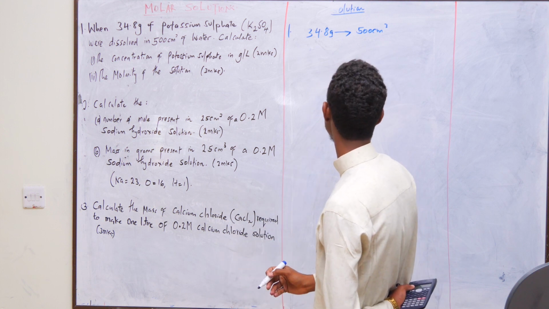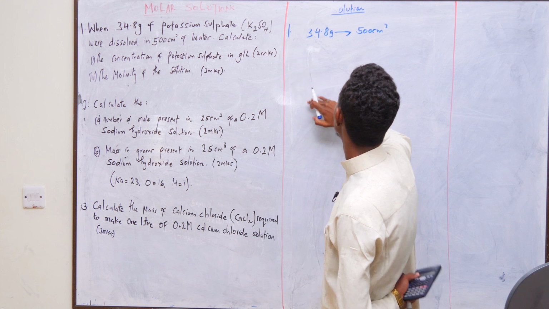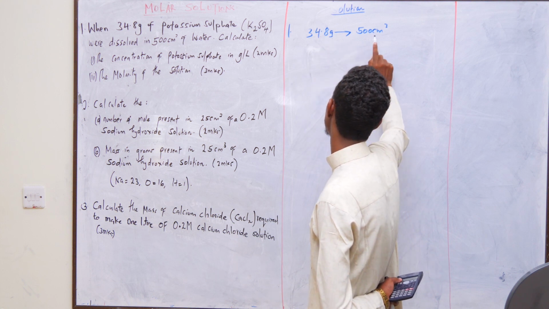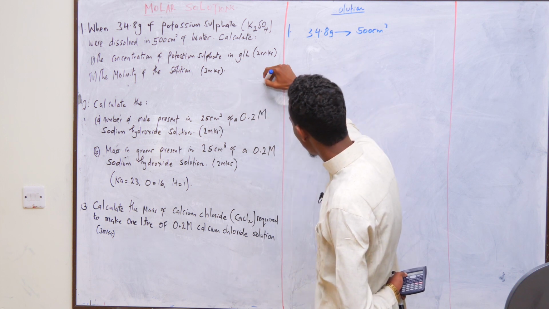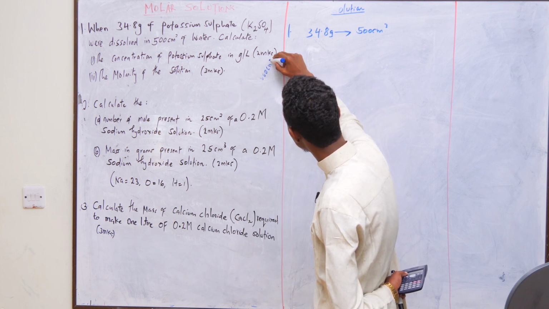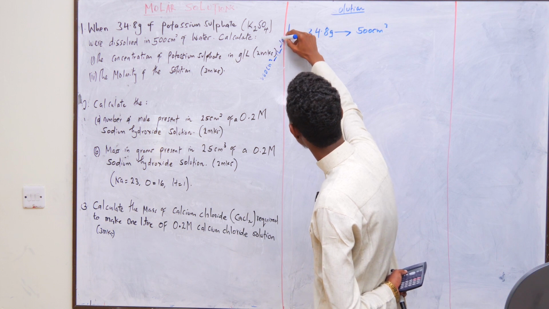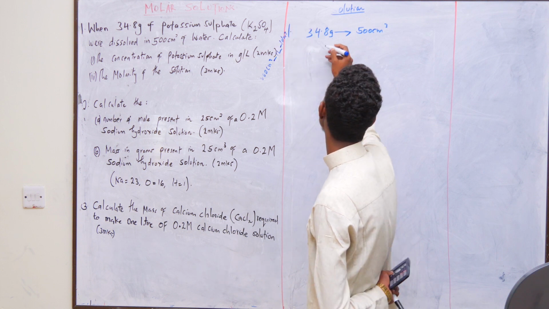Now in grams per liter, class, we basically mean if 34.8 grams were dissolved in 500 cubic centimeter, what can we dissolve in 1 liter? 1,000 cubic centimeter is equal to 1 liter or 1 cubic decimeter.